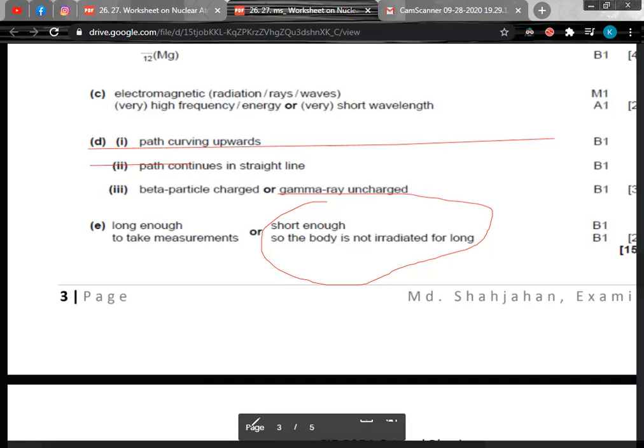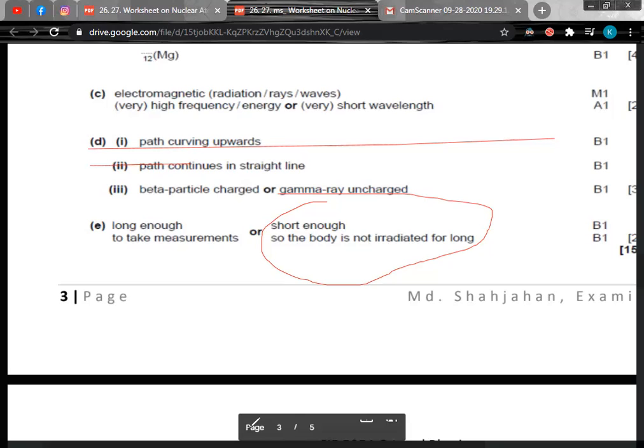Sir, it is beta particle, right? Beta or alpha, anything. If it has a charge, that's making it ionizing. Ionizing effect on our body tissues, cells. If it has charge, then it might be alpha. If it is alpha, then it is highly ionizable.